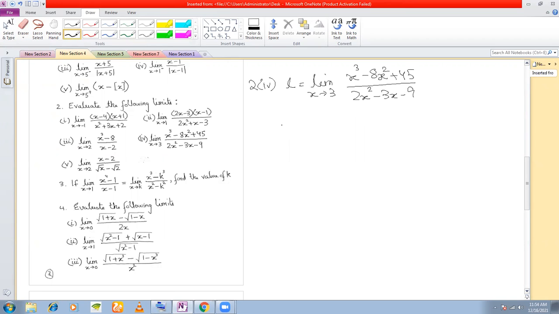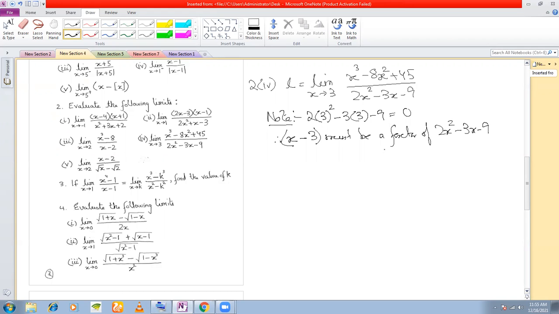That means x minus 3 must be a factor. 2 into 3 square minus 3 into 3 minus 9 is equal to 0, if you check, right? So therefore by factor theorem, x minus 3 must be a factor of 2x square minus 3x minus 9. That means we can factorize 2x square minus 3x minus 9 to get x minus 3 as a factor.